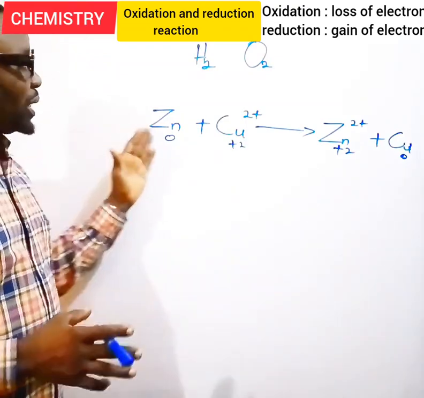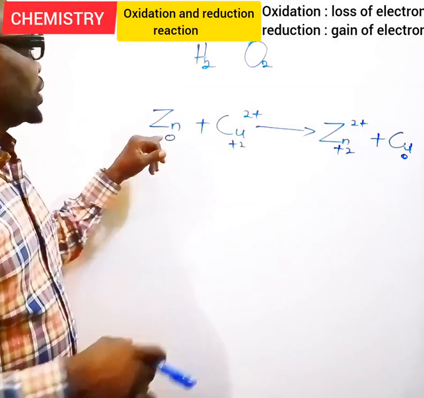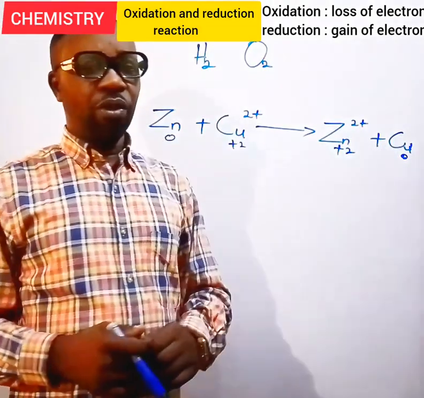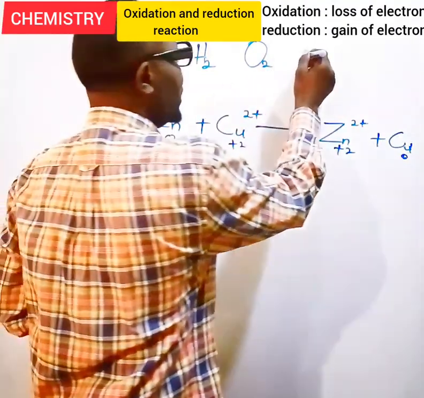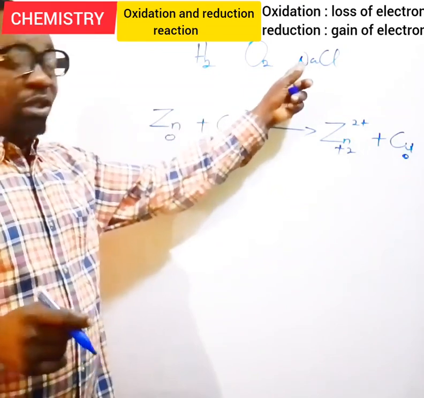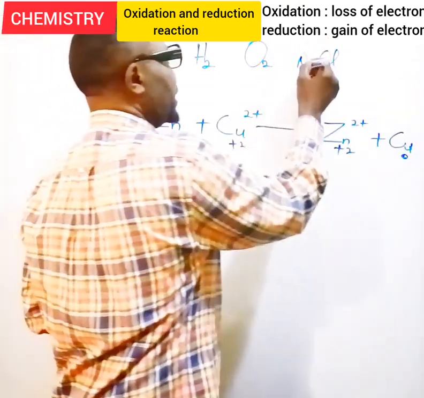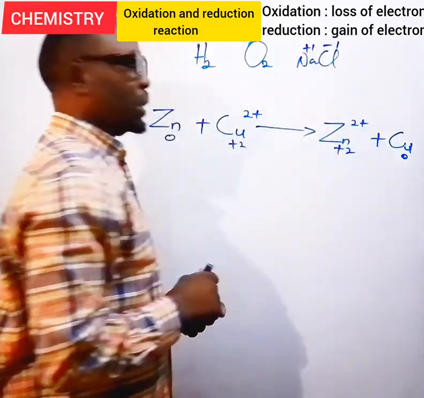But those that do not have charge on them, that are just a neutral atom, the oxidation number will be equal to 0. Somebody might be asking me, what if we have sodium chloride? When you have sodium chloride, the oxidation number of sodium here is plus 1, while that of chlorine is minus 1.